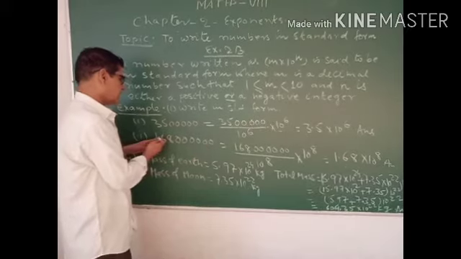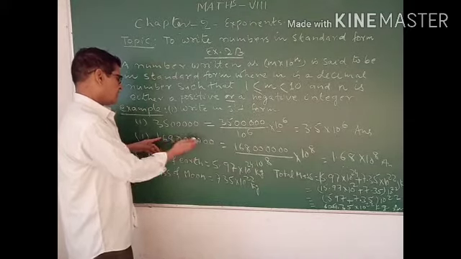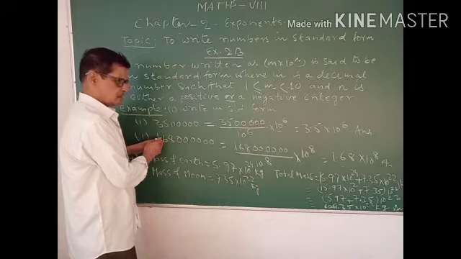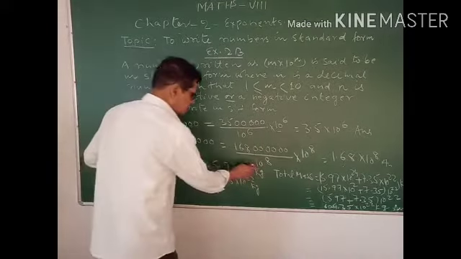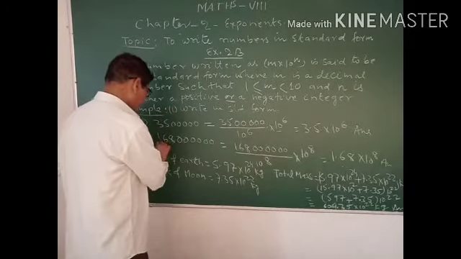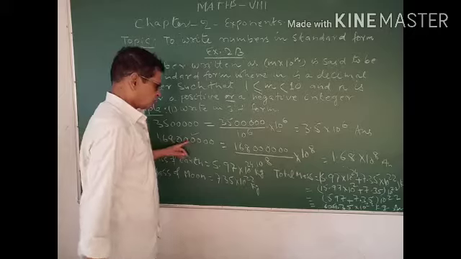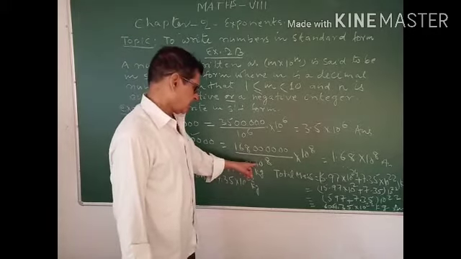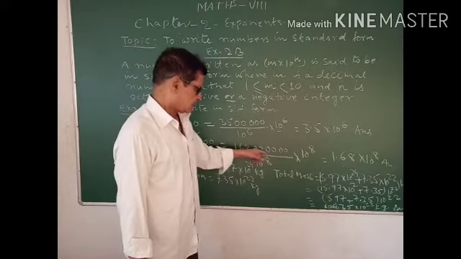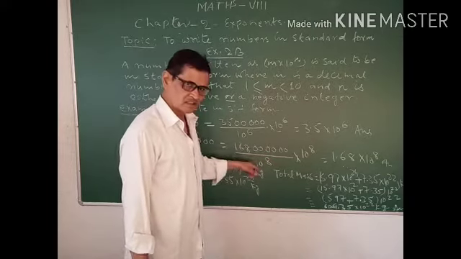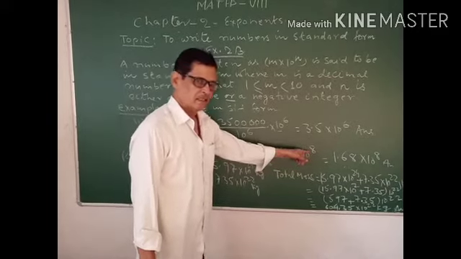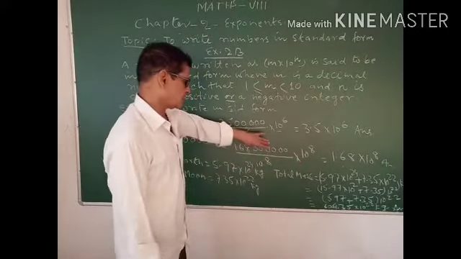After 8 digits, in the beginning of the 8 digits, we want to put the decimal. Certainly we have to divide by 10 to the power 8, that is, 1 per 8 zeros. So I divided by 10 to the power 8, and to neutralize the use of this extra number, we also multiply here. Then there is no effect on this number.